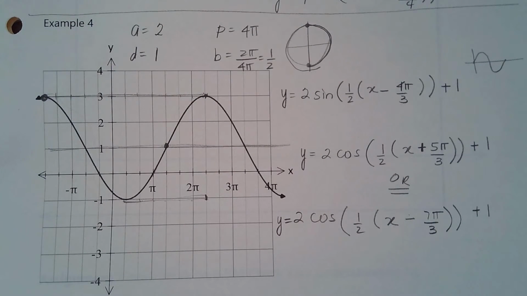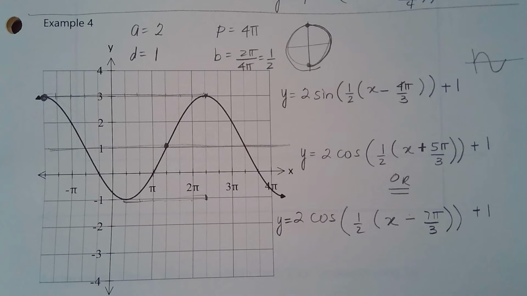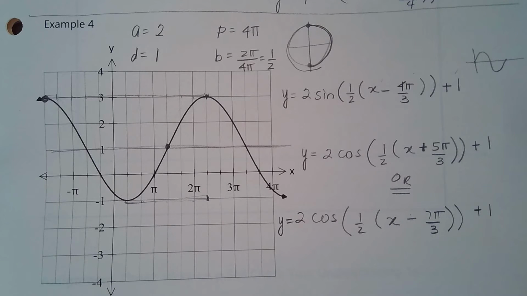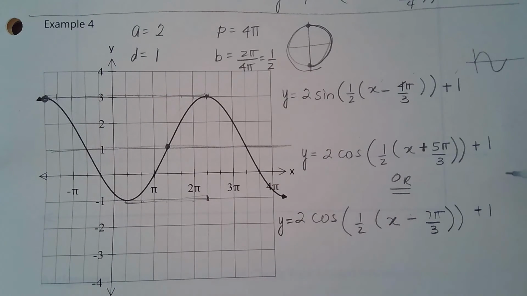Okay, now this question is probably worth 4 marks, 1 for each A, B, C, and D. If this is a type of question on the test or on the assignment, you only need 1. If they ask for a sine, make sure you put a sine. If they ask for a cos function, make sure you write a cos function.